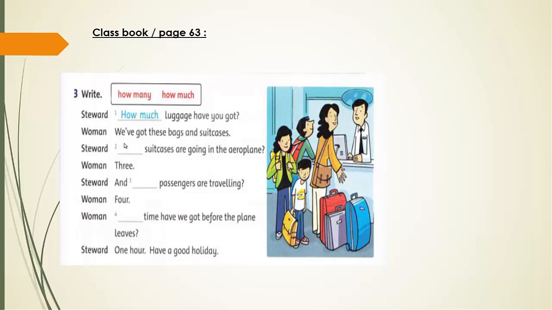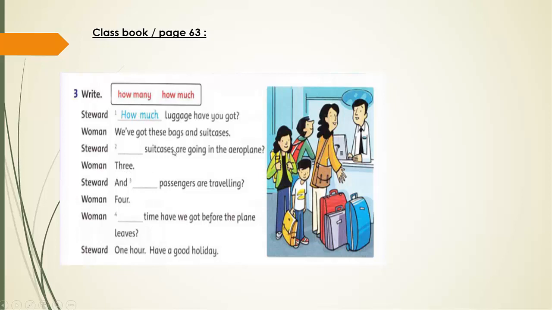Steward: How much luggage have you got? Woman: We've got these bags and suitcases. Number two, steward: Space suitcases are going in the airplane? Woman: Three. So from the answer, you have to know if it is countable or uncountable, right?